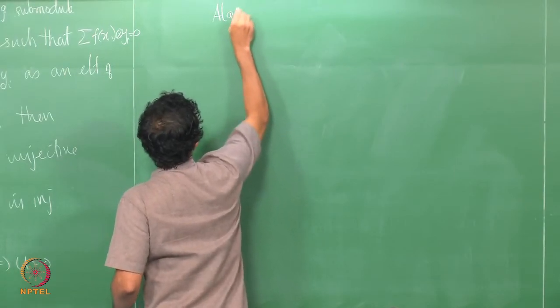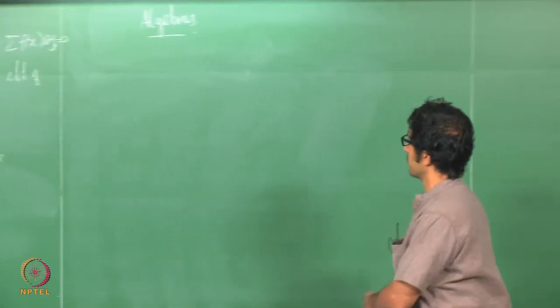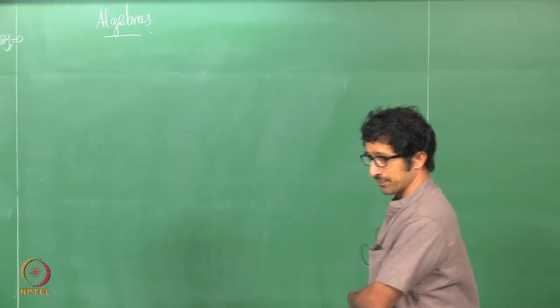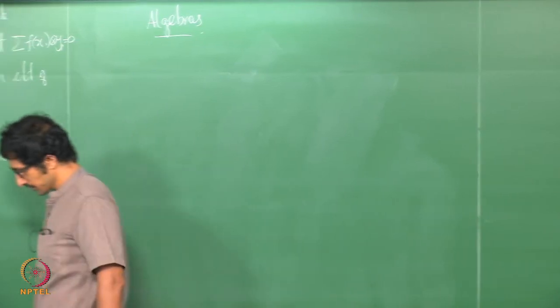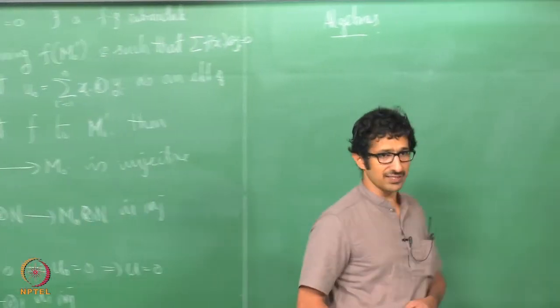Another important concept in commutative algebra is of algebras. This is pretty similar to rings, but it will have one more structure.